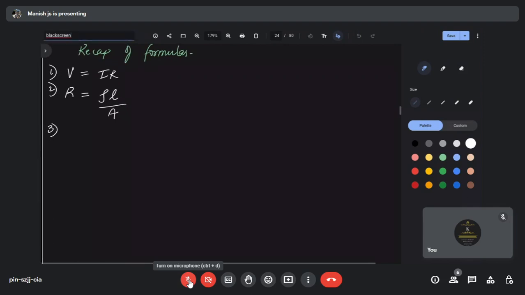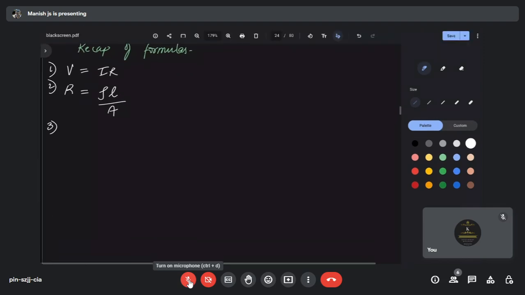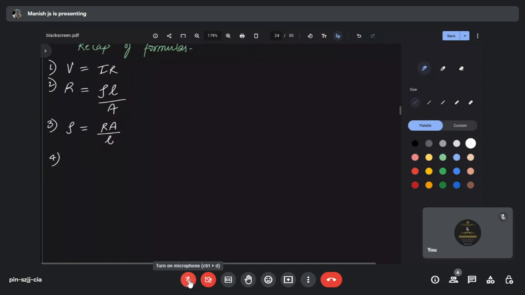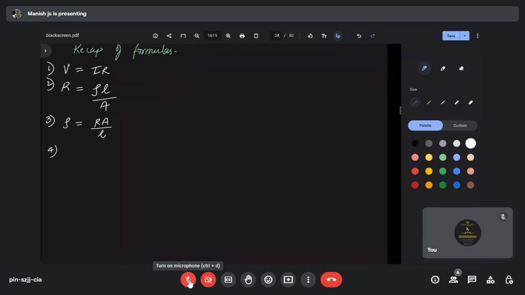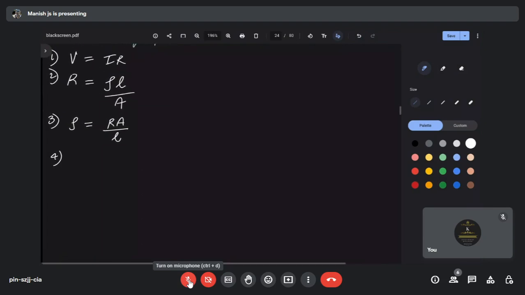This is one more formula. And then you have the formula for resistivity, same formula rearrangement. So where rho is equal to RA upon L. And then you have formula for conductance. So conductance also there is a formula.